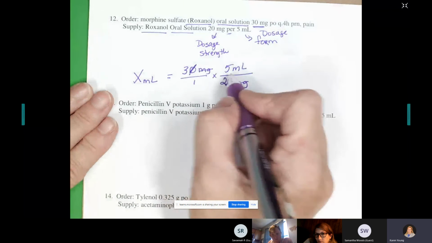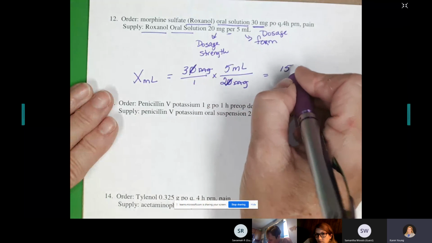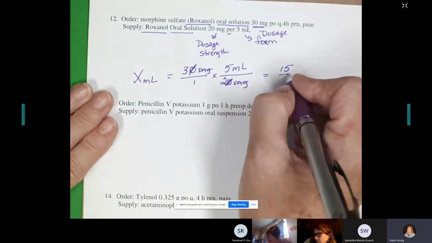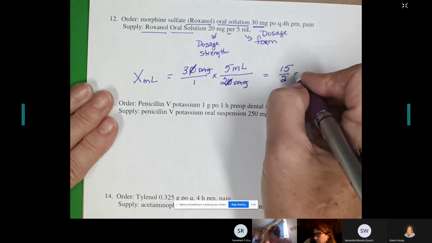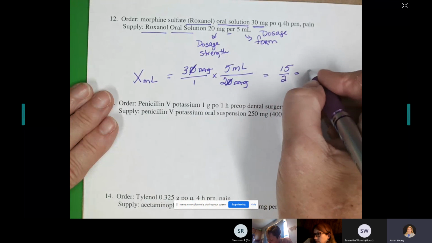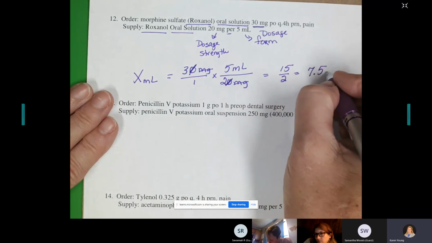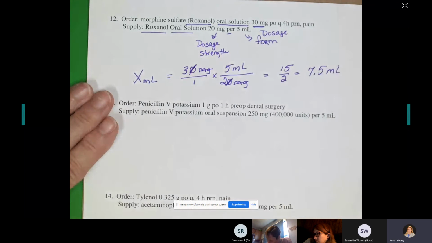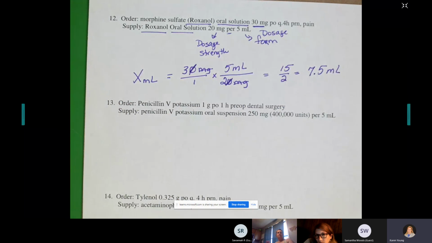And then I'm going to multiply. 3 times 5 is 15. 1 times 2 gives me 2. And then 15 divided by 2 is 7.5 milliliters. Okay, so there's nothing really different other than what our dosage form is.